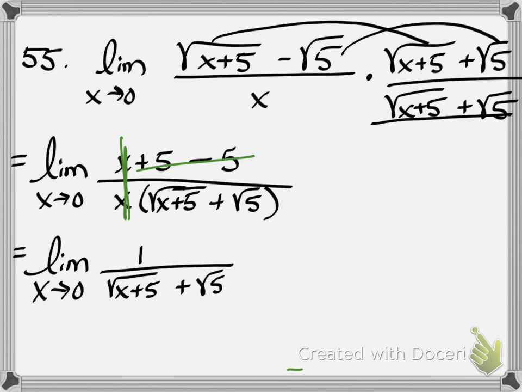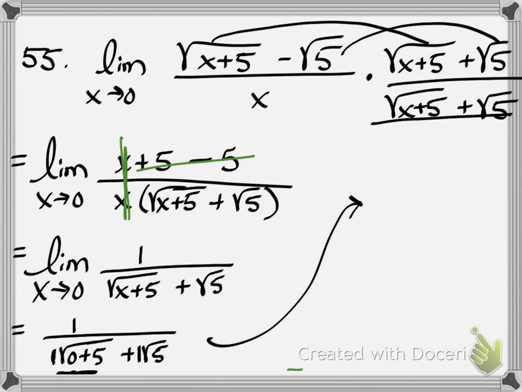Now you've done a lot of simplifying and you've written down what's left. So now let's try direct substitution. Try to plug that 0 in. Well, this is basically just square root of 5. So what's 1 square root of 5 plus another square root of 5? That's 2 square roots of 5.